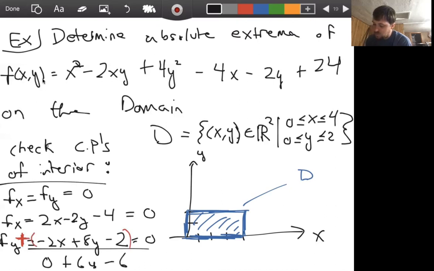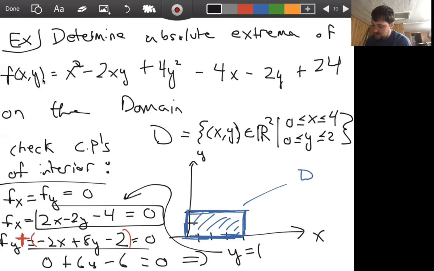So we have 6y minus 6 equals 0, which tells me that y equals 1. Looking back here, I'm plugging y equals 1 into this equation: 2x minus 6 equals 0, so x equals 3. And so we have a critical point at (3, 1).